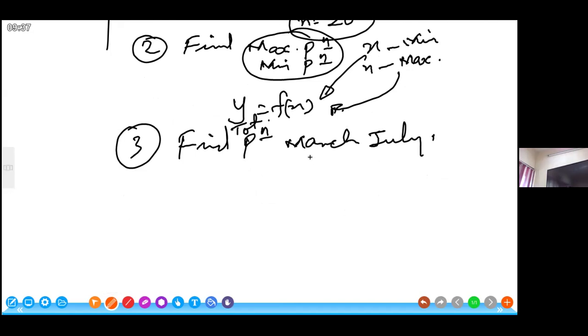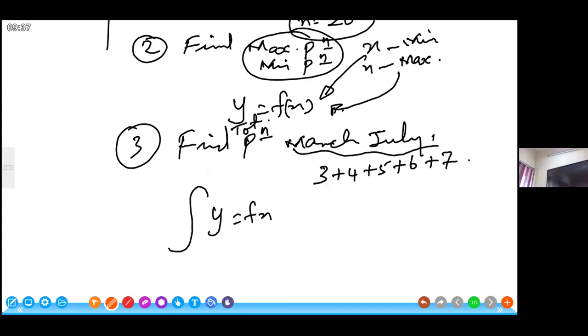March to July means the third month has to be added with the fourth month, added with the fifth month, the sixth month, the seventh month. So third, fourth, fifth, sixth, seventh month. So you want to integrate the given function with respect to x.